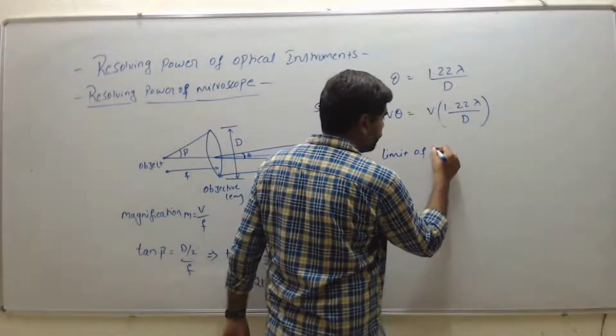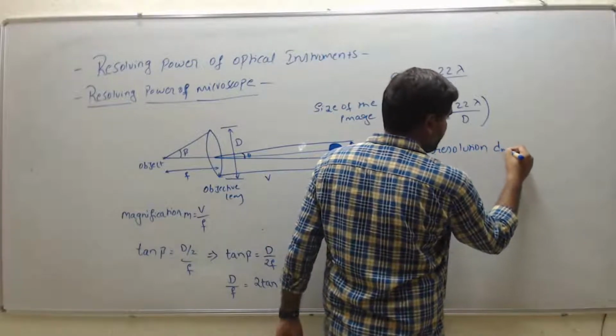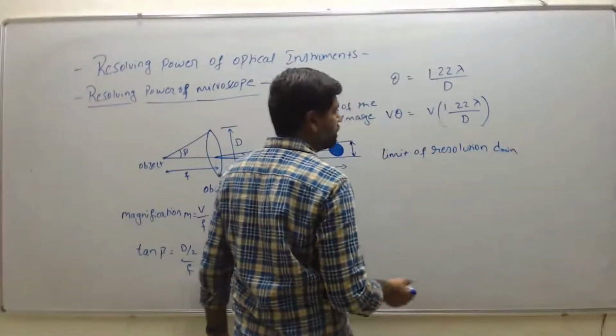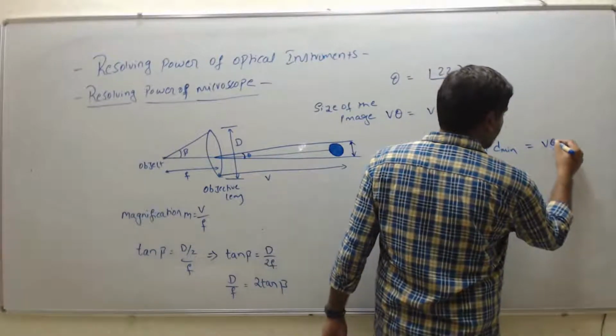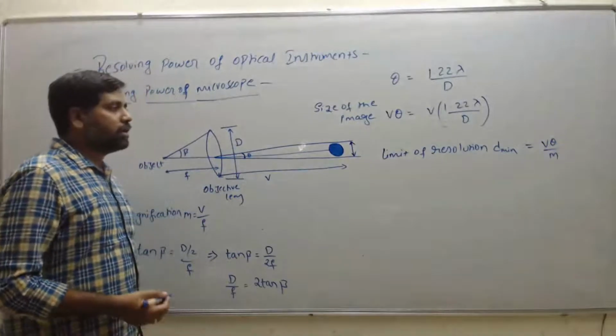The limit of resolution, that is D minimum, is equal to V theta divided by M. So D minimum is equal to V theta divided by M.